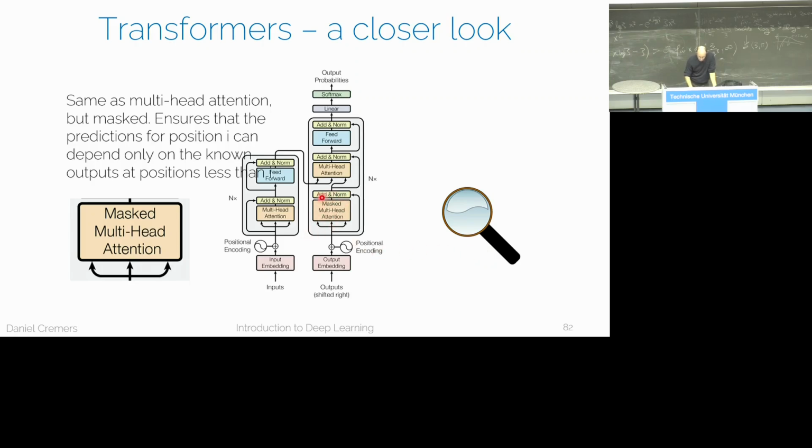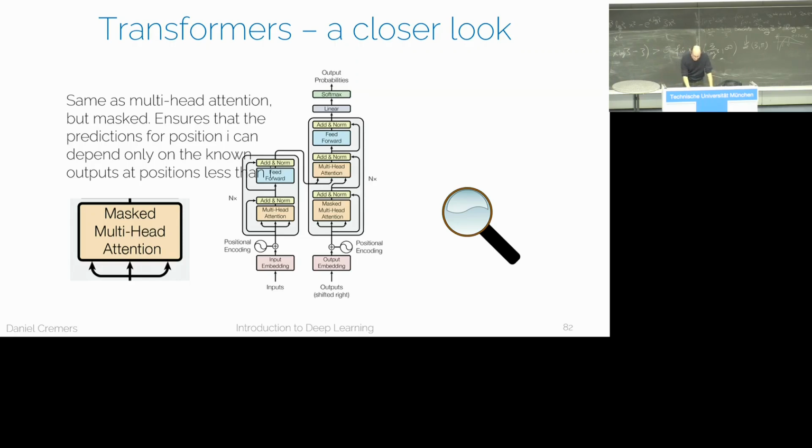In the output, you have a masked multi-head attention. Why would you have a masked multi-head attention? This is typically if you want to do next token prediction, then you want to make sure that the predicted token only depends on the previous tokens, not on the ones that come later. And you can ensure that by masking the later ones out.